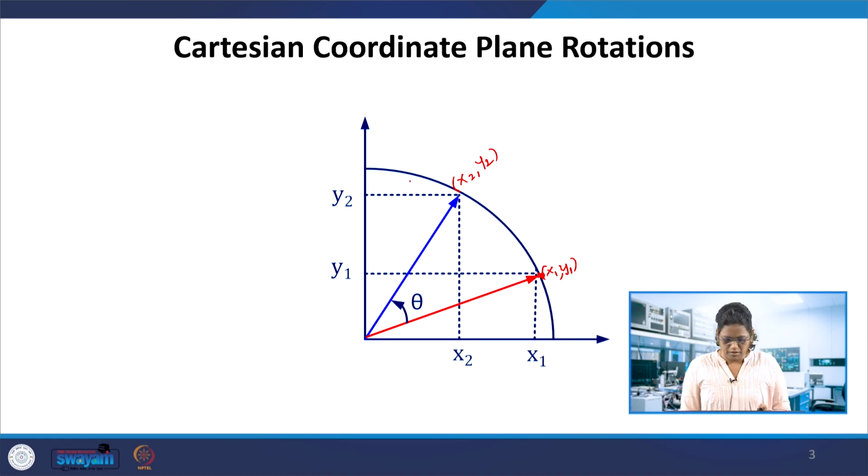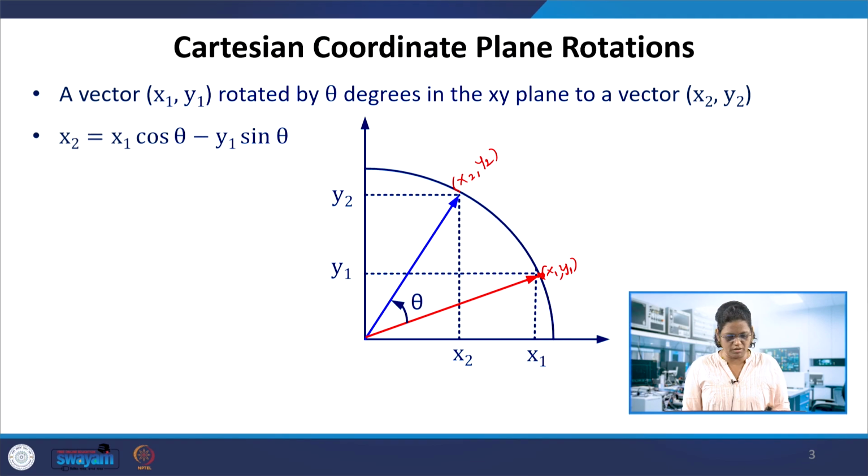So the movement of x1 y1 to x2 y2, involving theta, can be expressed with this equation: x2 equals x1 cos theta minus y1 sin theta. Similarly, y2 equals x1 sin theta plus y1 cos theta.